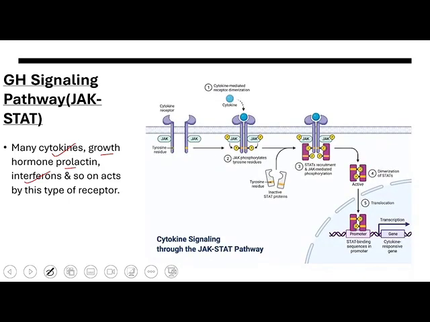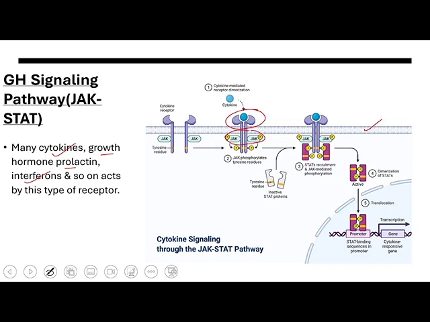And you can see in the figure that the receptor, once it binds to the cytokine, at the outer domain, that is the domain present outside the membrane, then after binding, that leads to the dimerization of the JAK, and also phosphorylation.